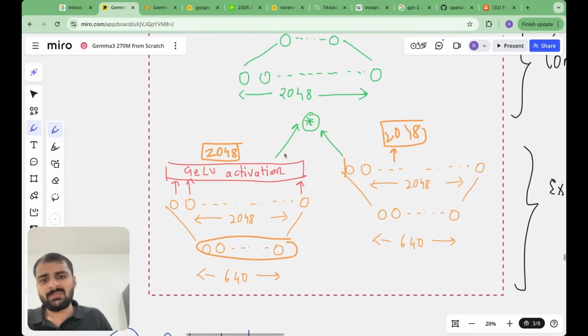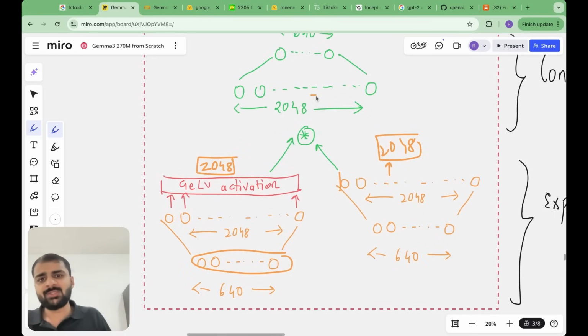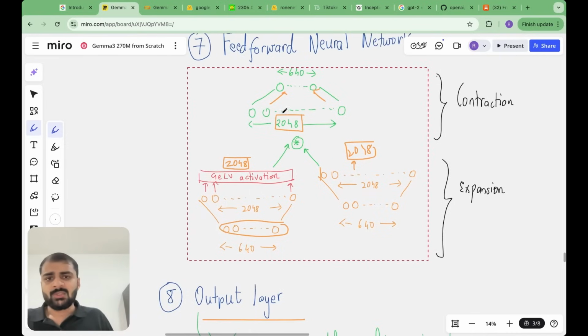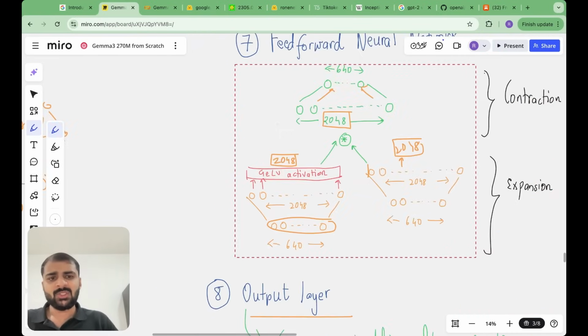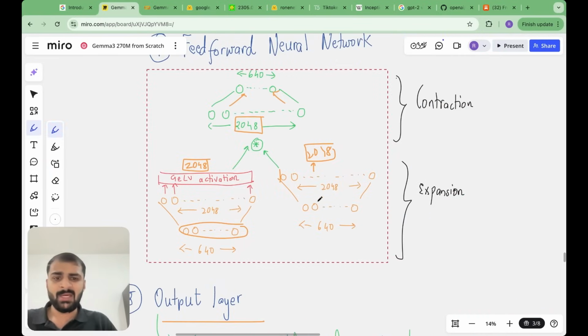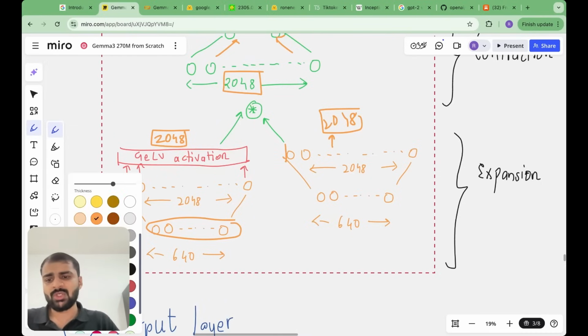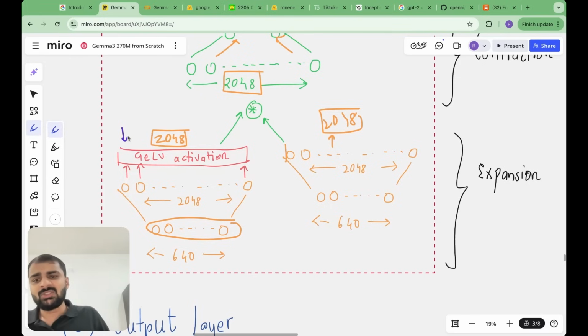We have an element wise multiplication of these two vectors that leads to a 2048 dimensional vector, and then again we have a contraction to a 640 dimensional vector. So this can also be called an expansion contraction neural network, but in the expansion step they essentially have two neural networks, and only the one I mentioned on the left hand side has this GELU activation, but the neural network on the right hand side does not have any activation layer.